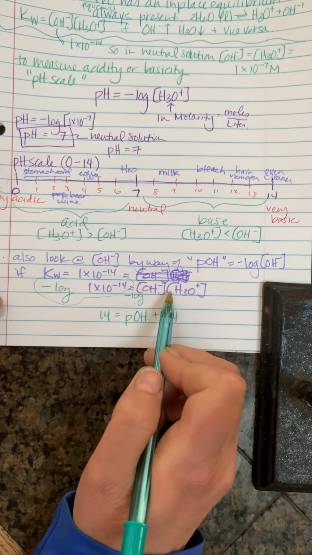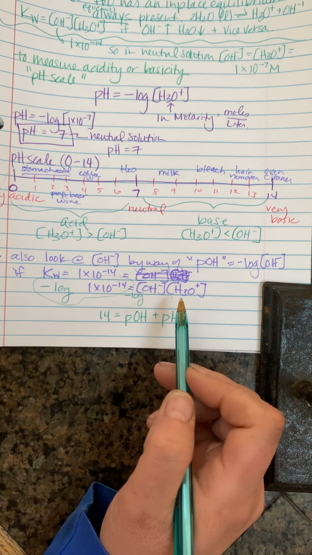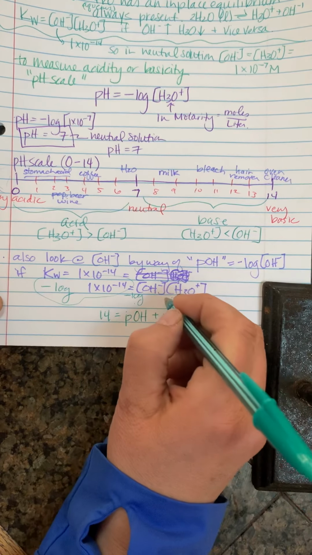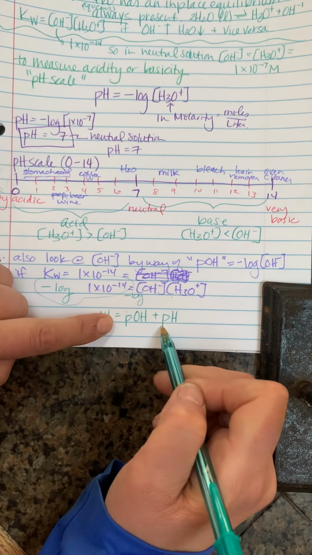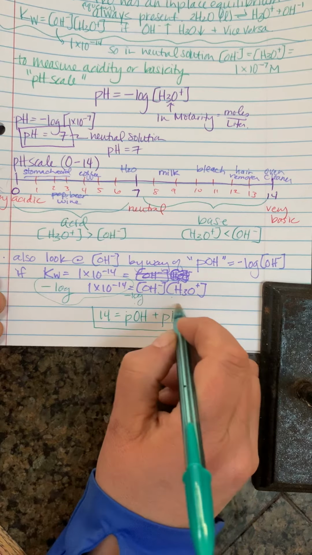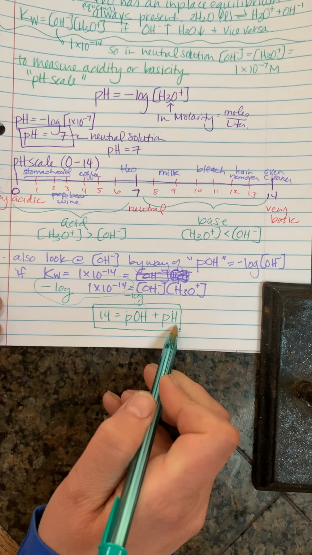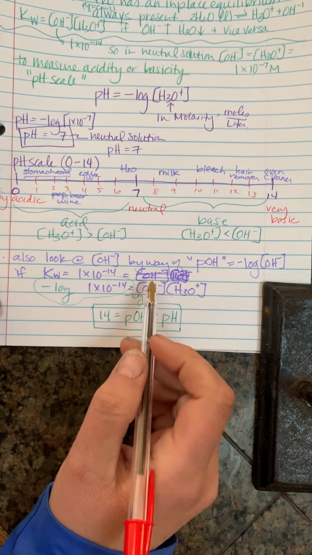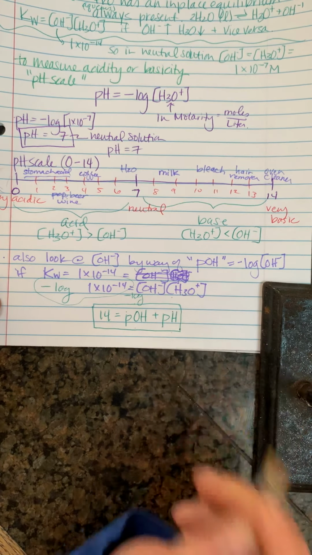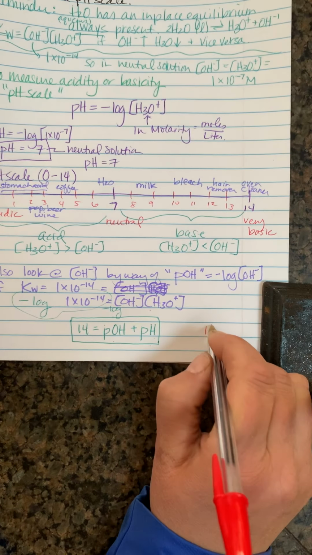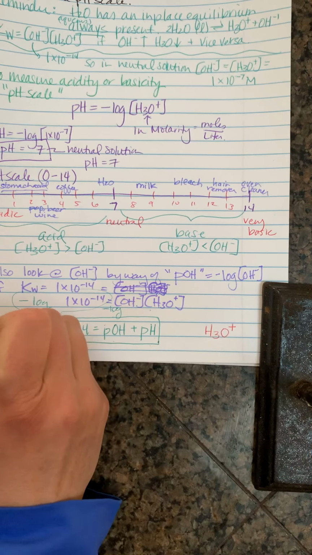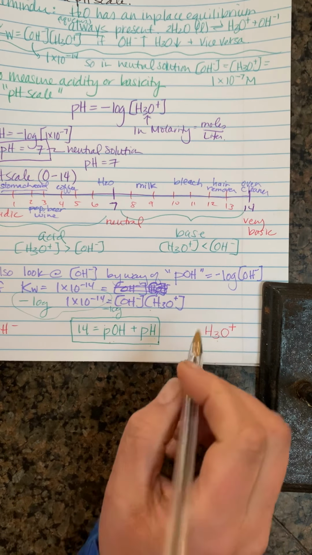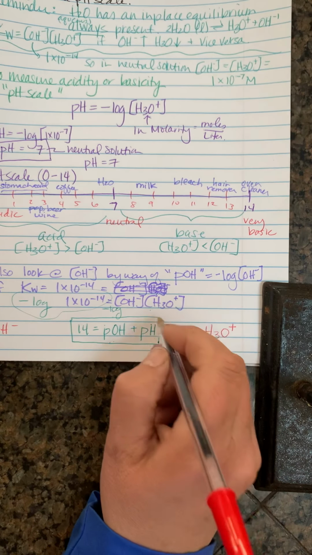And remember that log of x times y is equal to log of x plus log of y. That's how I got from multiplication to addition here. So we know that pOH and pH, the sum of them will always be equal to 14. If we know the pH or the pOH, we can find the concentration of the hydronium or the hydroxide.